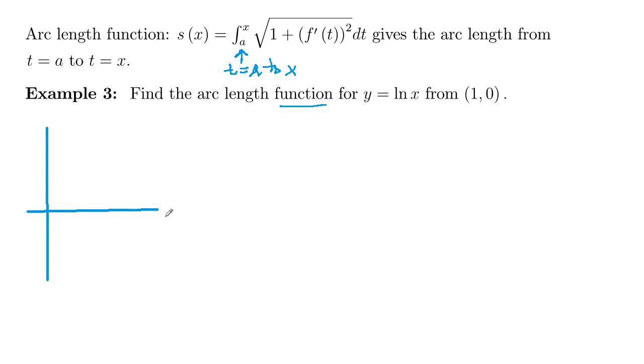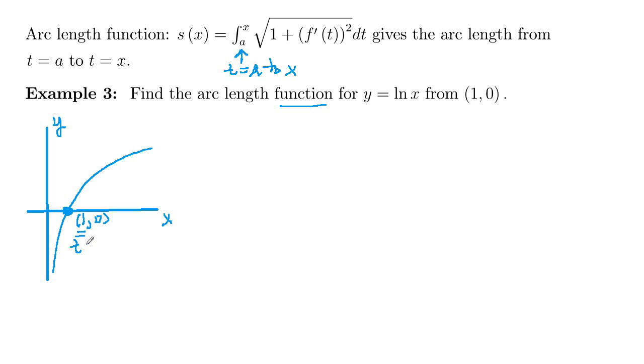So we've got the x-axis and y-axis. The natural log function is asymptotic with the y-axis and increasing, and crosses at the point (1, 0). That's going to correspond to t equals 1, so our x coordinate there is 1.